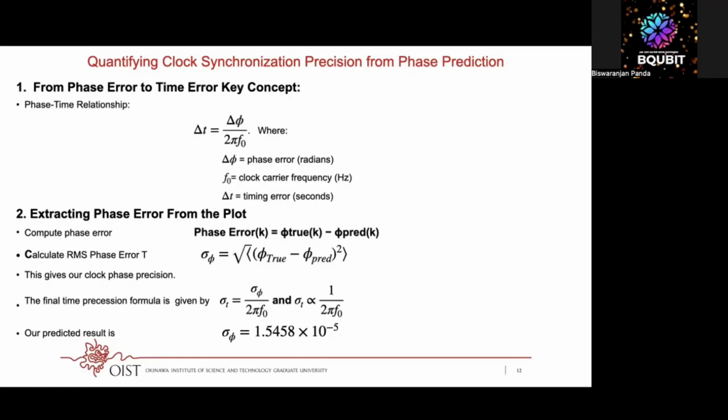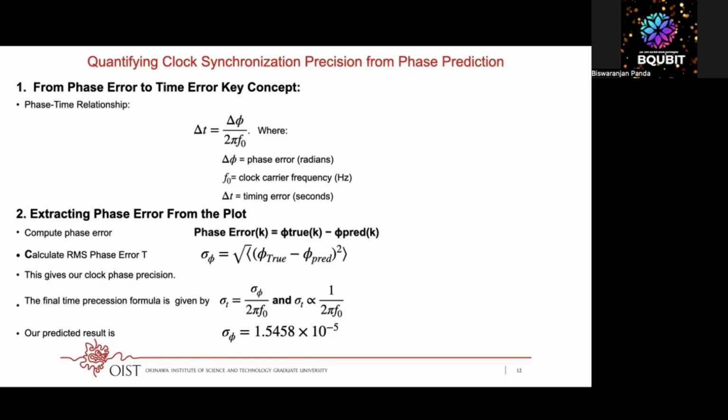By using the root mean square formula, we can find sigma phi as the square root of the average of (phi true minus phi predicted) squared, because it's root mean square, right?